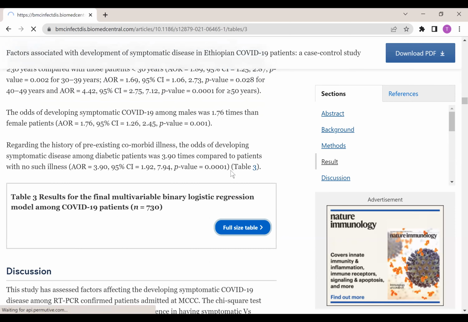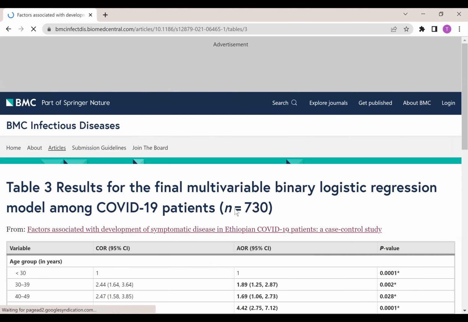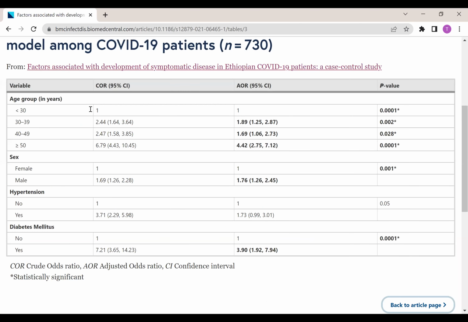Let me show you. In this table, we have assessed the relationship between our exposure and outcome variables, so that we can see which variables are significant and which are not. For the significant variables, we try to quantify their effect in terms of their measure of association, which is either odds ratio or relative risk.